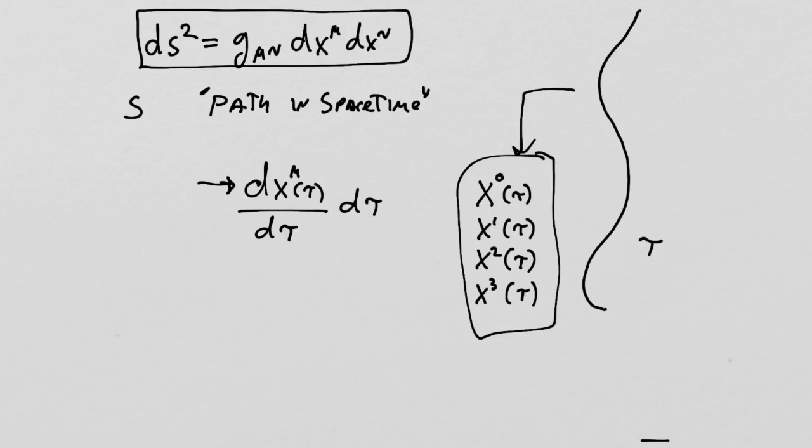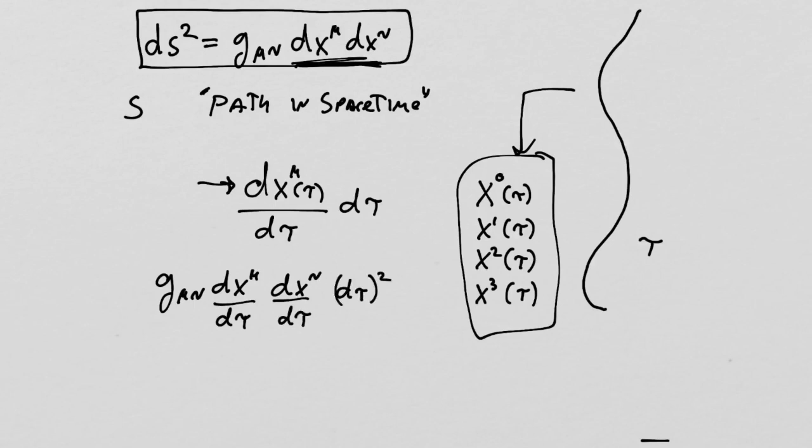And therefore, this part here can be written as g mu nu dx mu d tau dx nu d tau, all squared. This has always got to be squared here because there's two factors of these things.